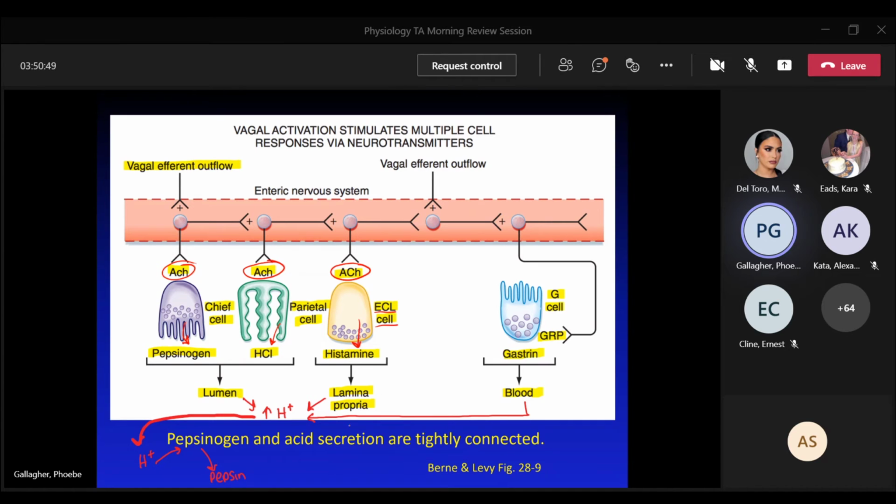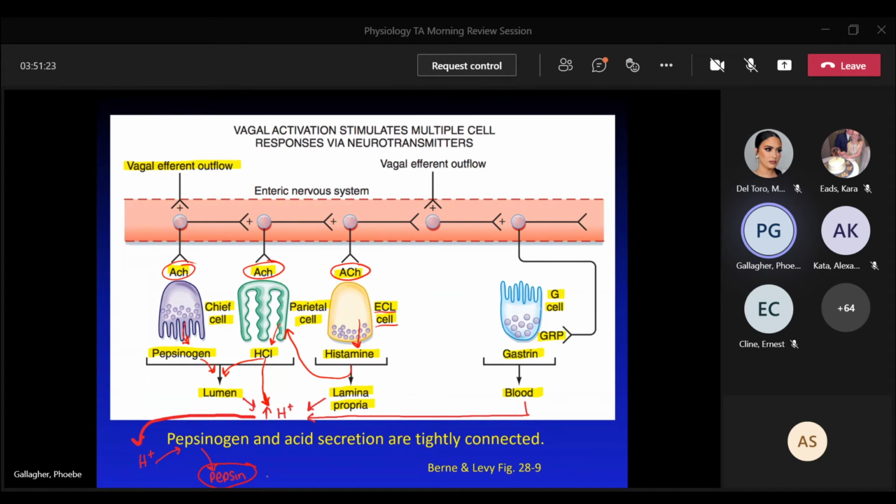So histamine will make its way to the lamina propria, and it's actually going to upregulate your parietal cell, as we saw in the last slide. Pepsinogen is going to be an unactivated peptide that will become activated when hydrochloric acid combines with it and cleaves it. Hydrochloric acid leads to the increase in protons, and pepsinogen will be activated by your hydrochloric acid to make pepsin, which is a protease.